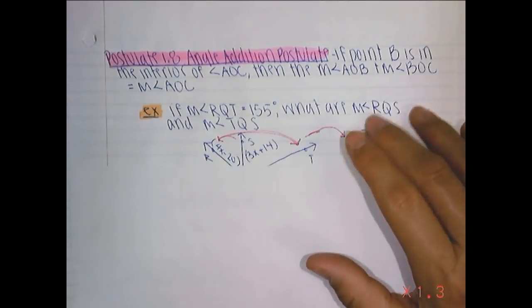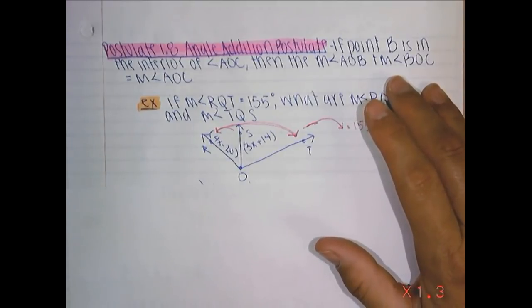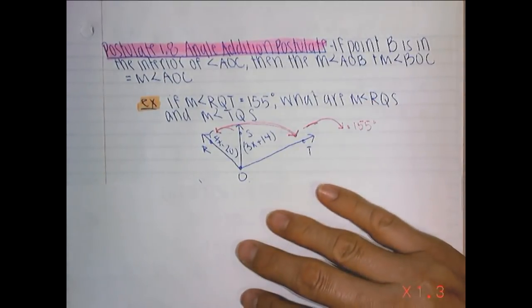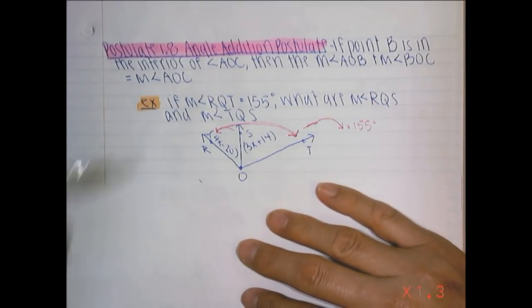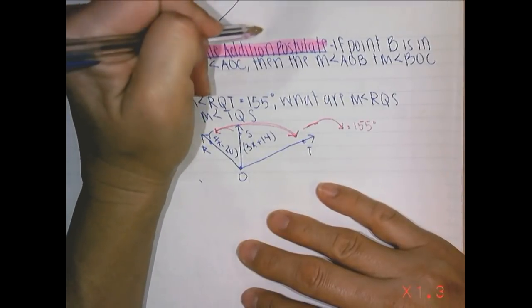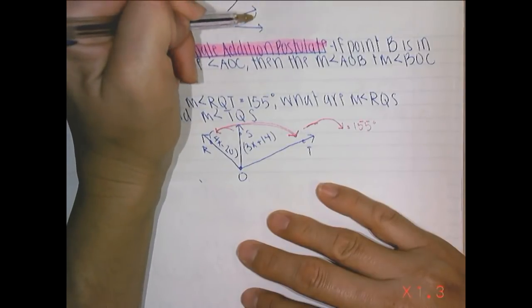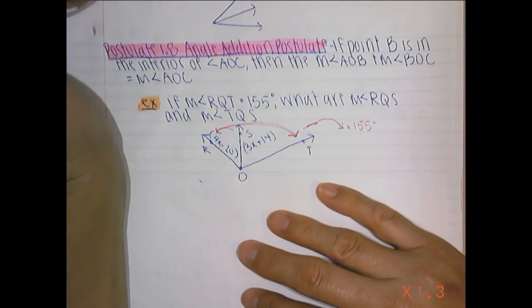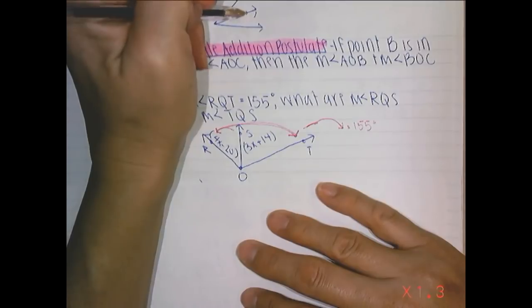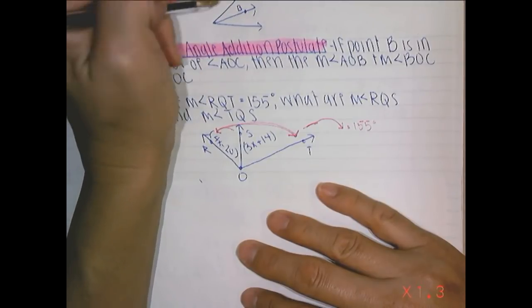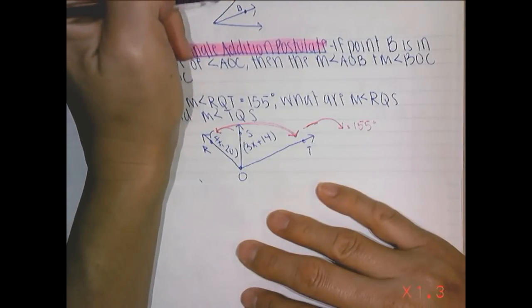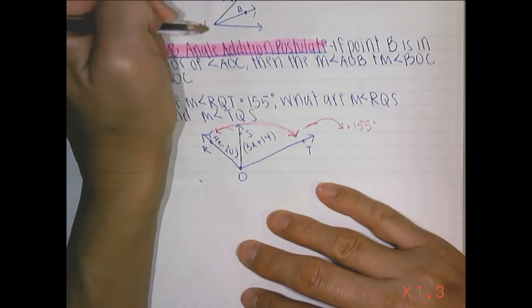All right, let's look at this diagram here. Basically what that's saying, gosh, I should draw this one up here. All right, we have this angle, and we're going to say the point B is in the interior of angle AOC.